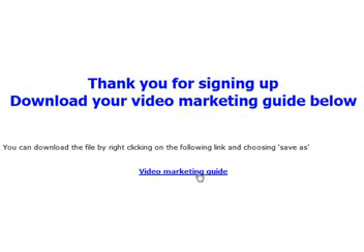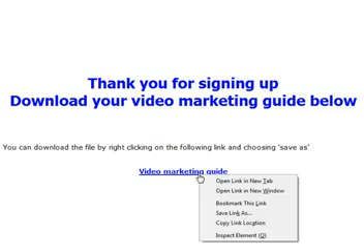So here's the video marketing guide link, and that's actually pointing to the ebook as a zip file on our server. So it's our website name / and then the name of the file. So when they right click on this and select save as, it will download the file to their computer.